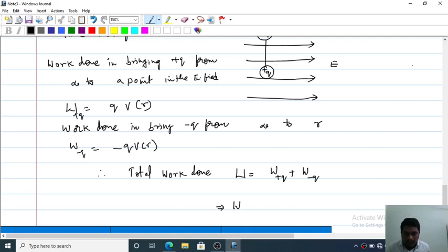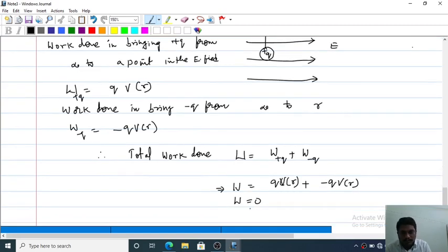Therefore W = q V(R) + (-q) V(R). Therefore net work done will be 0.